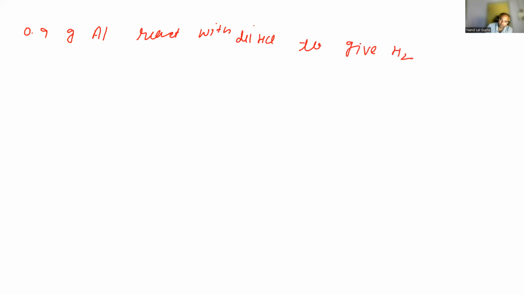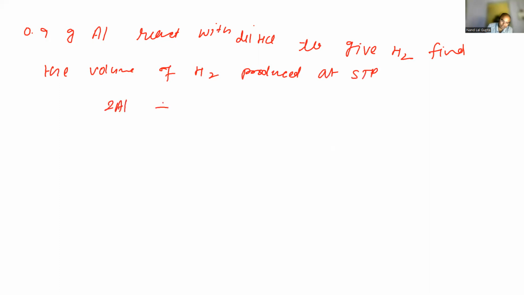Then find the volume of H2 produced at STP. The equation they have given: 2 mole aluminum, 6 mole HCl gives 2 mole AlCl3 plus 3 mole H2.